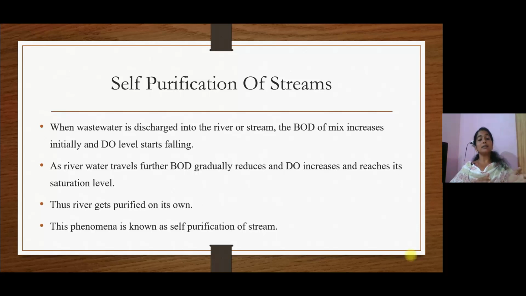And this self-purification of rivers will help the dilution method of disposing of wastewater. And this phenomenon, that is the river gets purified on its own, is known as self-purification of streams or rivers.